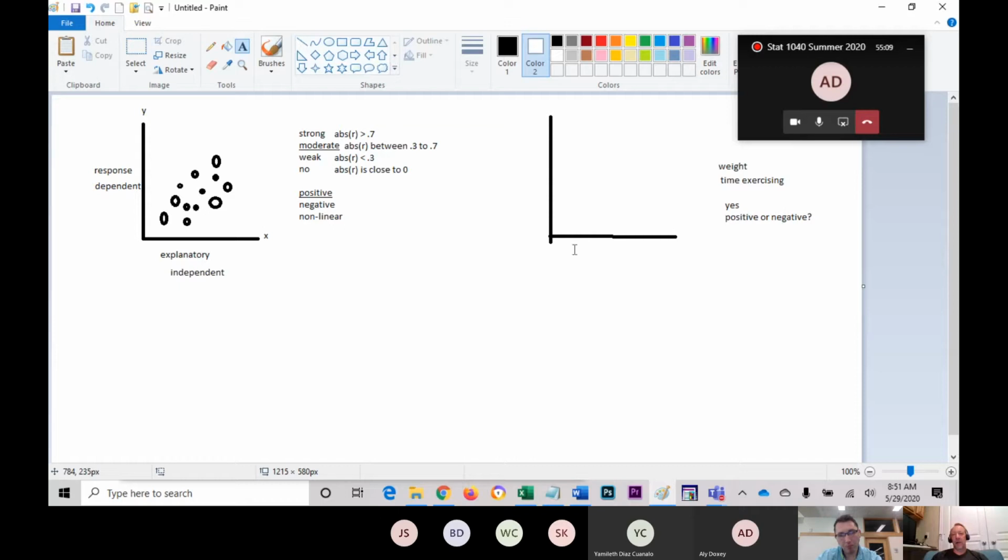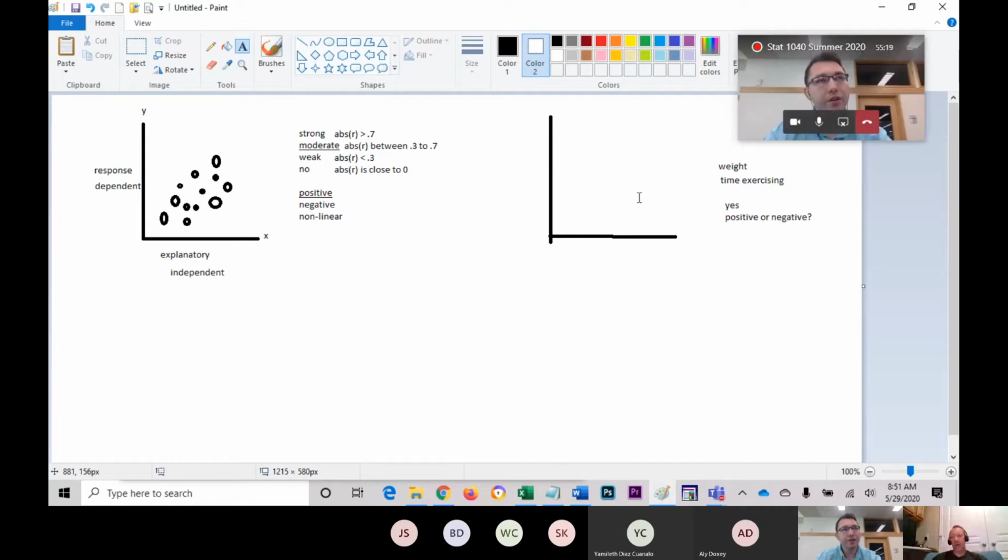So let's think about this for a minute. For people who exercise more, would they have a lower weight or a higher weight than people who don't exercise, as a general rule? Probably negative. This would be an example of a negative correlation.